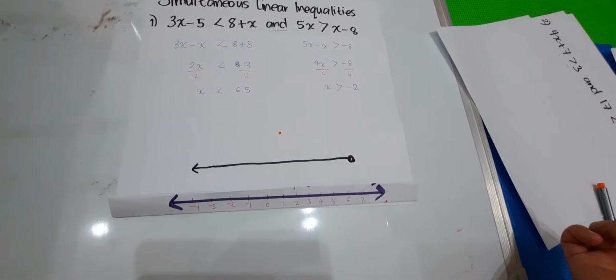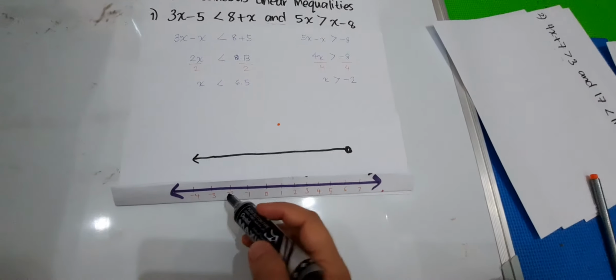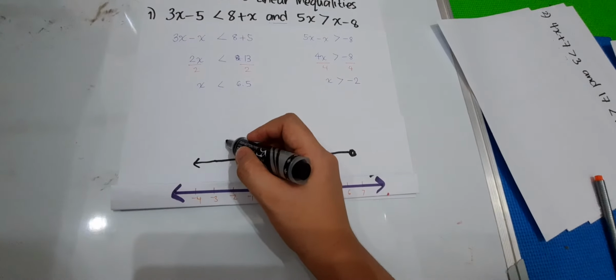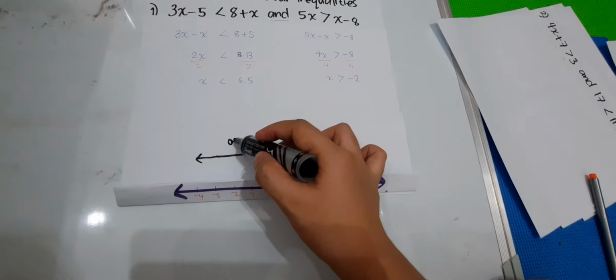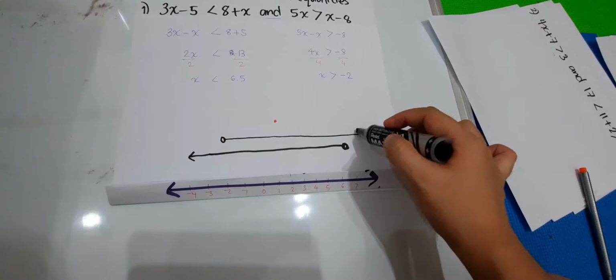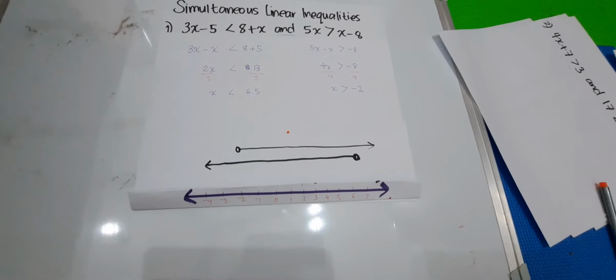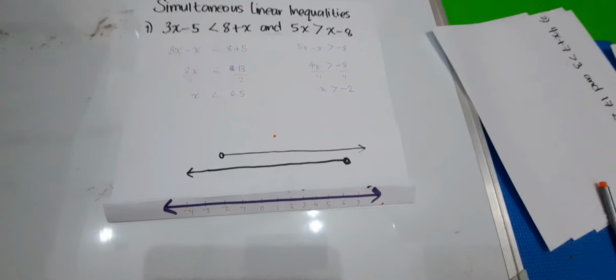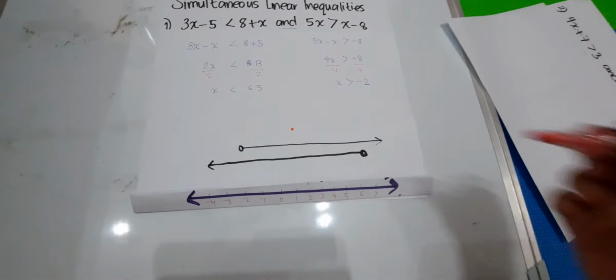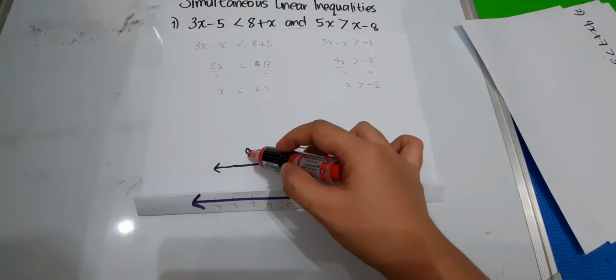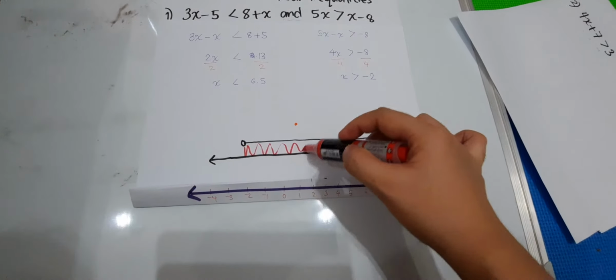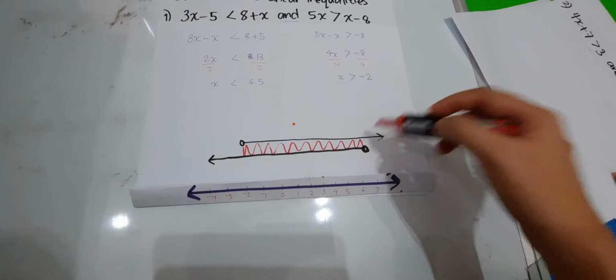Now next, greater than minus 2. So this is your minus 2. This side going to the right. And then we identify where they are together. We will shade it so that it will be clear. In this case, you observe that they are together from this part until this part.